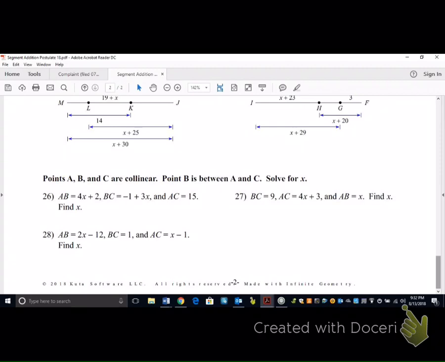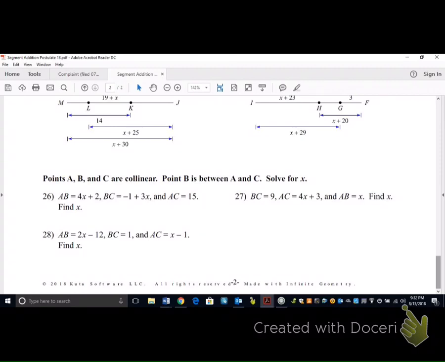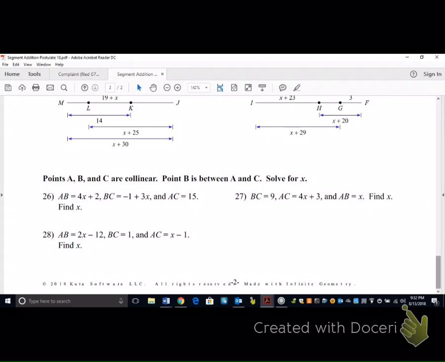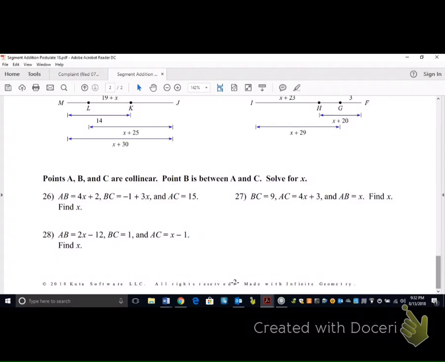So these last 3 are all kind of word problems, right? Ish. They're actually just problems without a picture, so we're going to draw a picture. We have A, B, and C collinear.